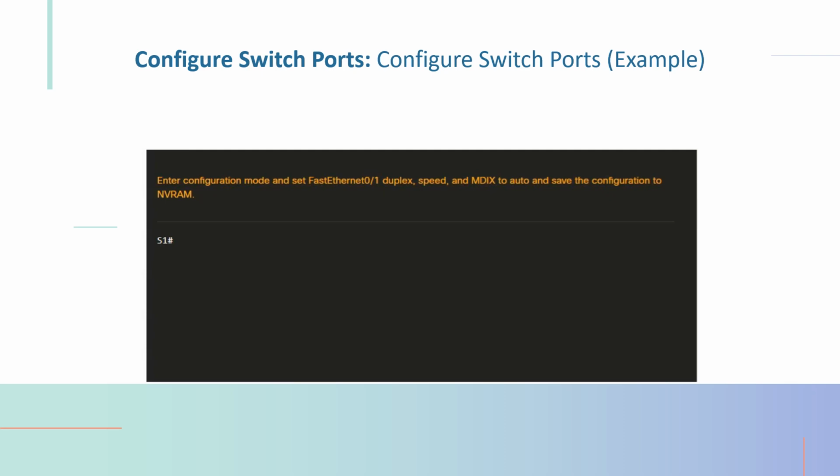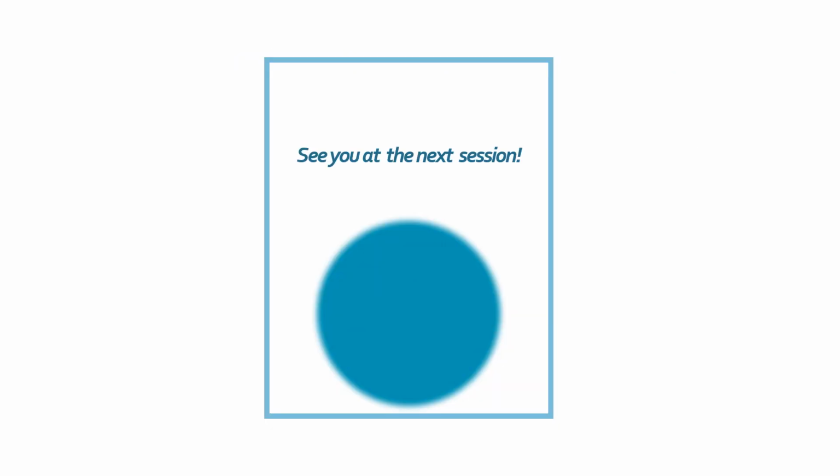Then you go back to privileged EXEC mode by using the end command, and at this level you have to save your running configuration to the startup config. And that was all about the first part of basic configuration.